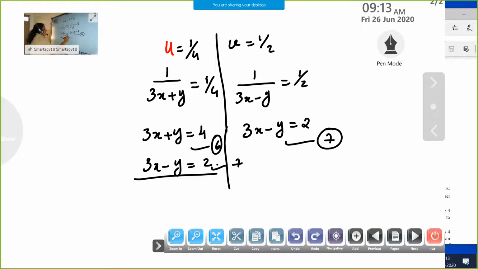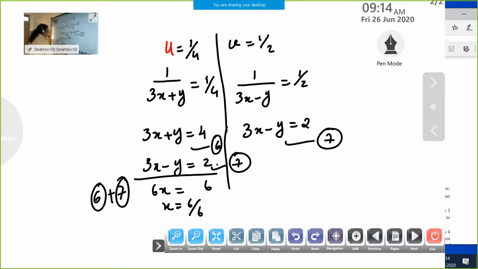This is our seventh equation. Equation 6 plus 7. Adding, that is 6x is equal to 6. The y term is eliminated. 6x is equal to 6, x is equal to 6 by 6, that is equal to 1.